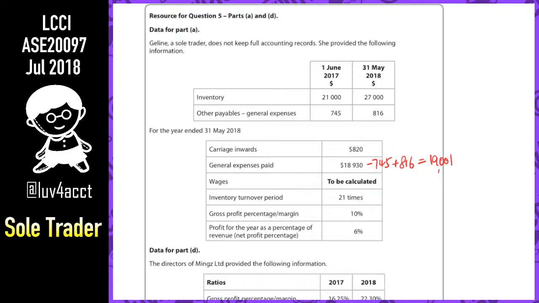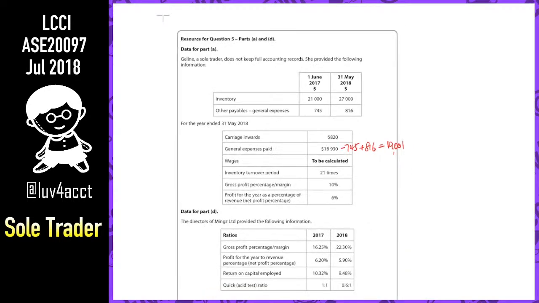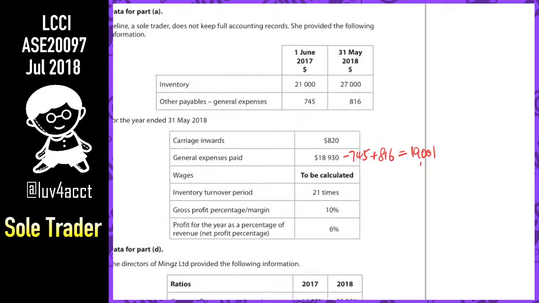Okay, so let us start. Okay, before this, let us calculate cost of sales first. Okay, so cost of sales we do not know. Okay, opening inventory, closing inventory divided by 2, and then we have inventory turnover 21 times.